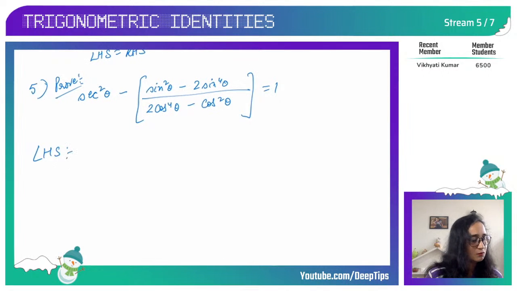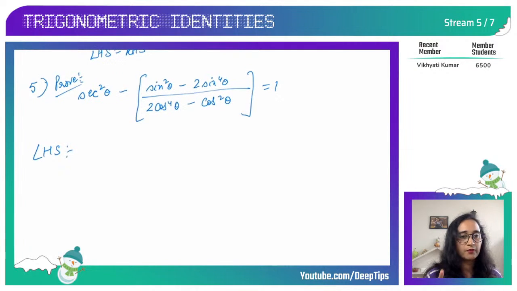Now I can see that I have only one reciprocal ratio here, that is secant square theta. The rest are all in sine square theta and cos square theta, and some powers are sine raised to 4 and cos raised to 4. So I can take that common from here.